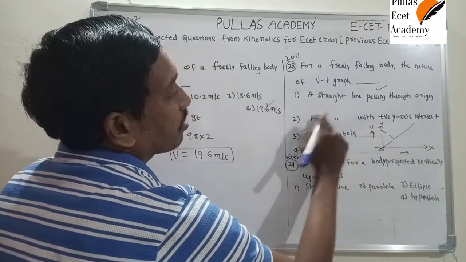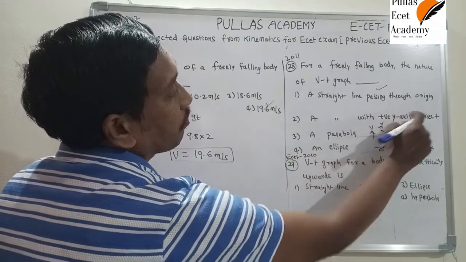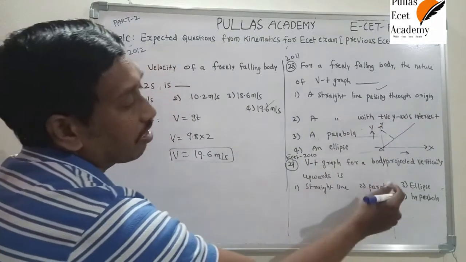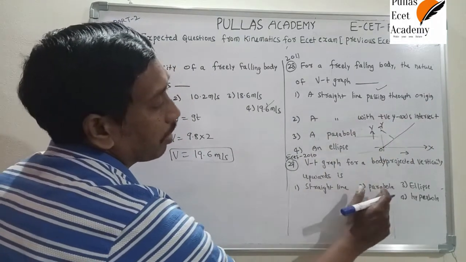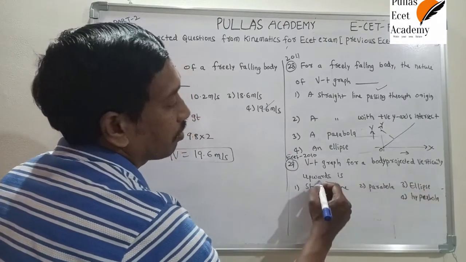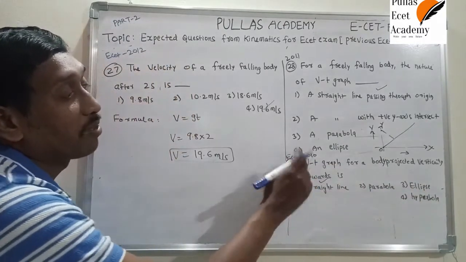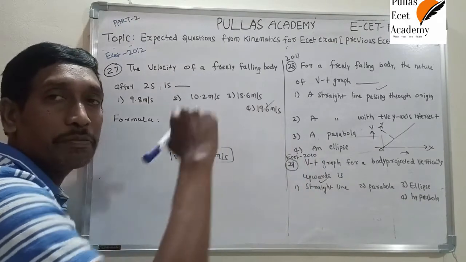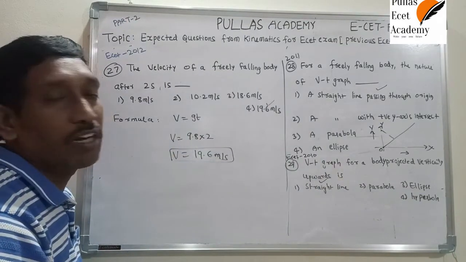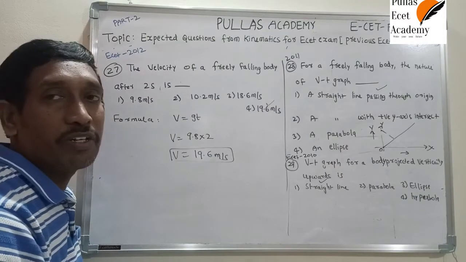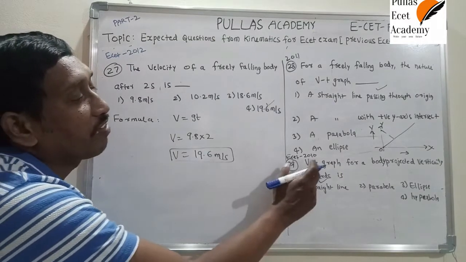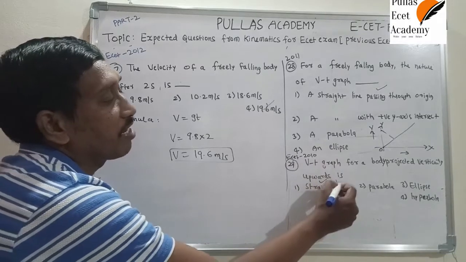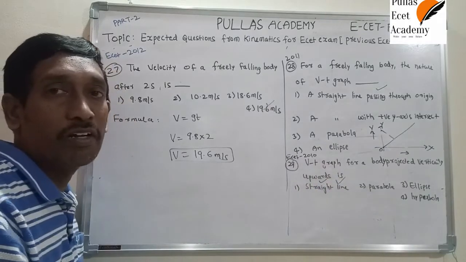That's why it is a straight line with a positive y-intercept, not like the other options: straight line, parabola, ellipse, hyperbola. The straight line is correct. If the same question asked for the displacement-time graph, you would get a curve, a parabola. But here it asks for the velocity-time graph, that's why a straight line is correct.